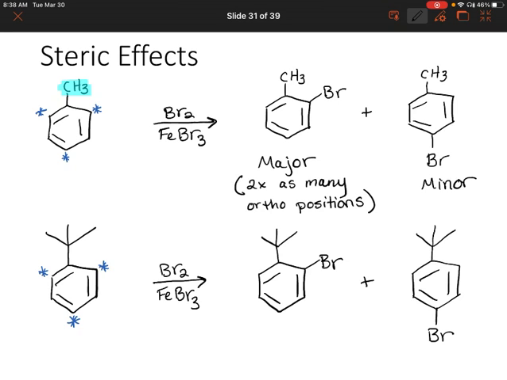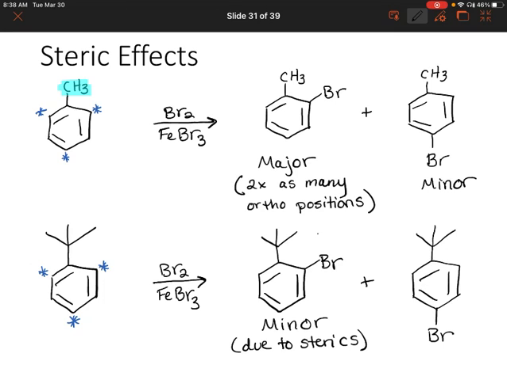So in this scenario, the major and minor products are actually flipped due to sterics. So the ortho product is the minor product. And that's just because it's going to be really difficult for a bromine atom, which is quite large, to kind of tuck itself in next to the tert-butyl group.